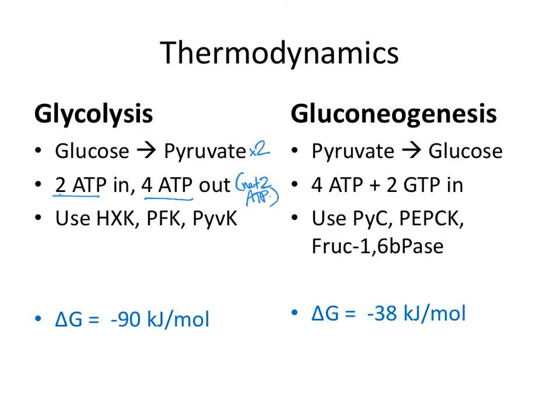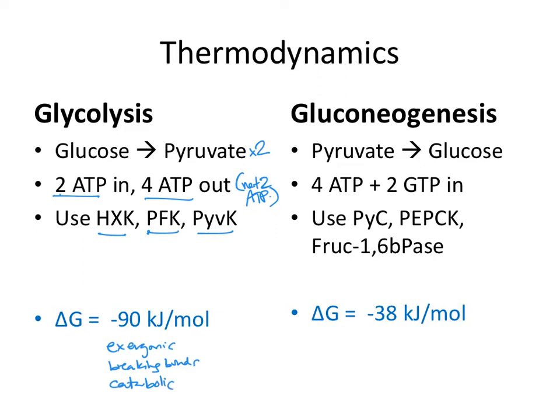And we're going to use these irreversible hexokinase, phosphofructokinase, and pyruvate kinase enzymes. Altogether, the delta G of glycolysis is minus 90 kilojoules per mole. So this is a very exergonic reaction. We're breaking bonds. This is catabolic.